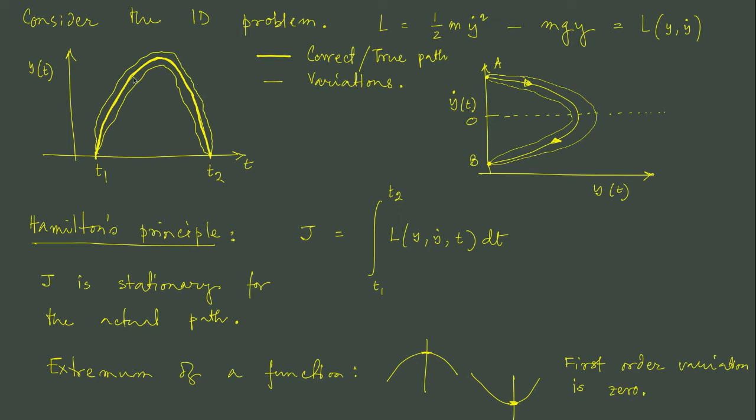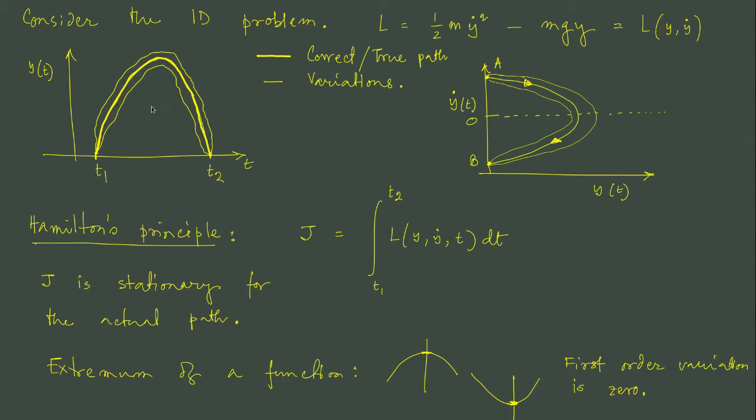And we are also considering tiny variations of the true path, variations which start at T1 and end at T2. So, if we are just looking at the particle at T1 and T2, we will not know whether the particle was following the true path or some other path. These other paths are the wiggling lines.